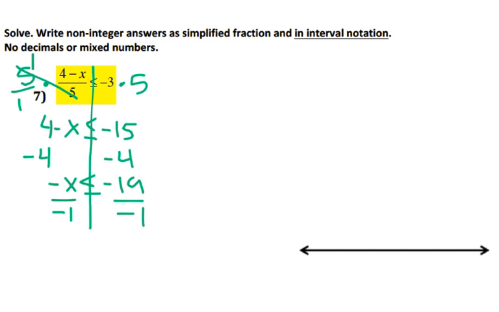Or we could multiply by negative 1 to both sides of our inequality, which simplifies this now to x. On the left, we get 19, because a negative divided by a negative is positive. But because we divided by a negative 1, or multiplied by a negative 1, we have to flip our inequality sign, so x is greater than or equal to 19.